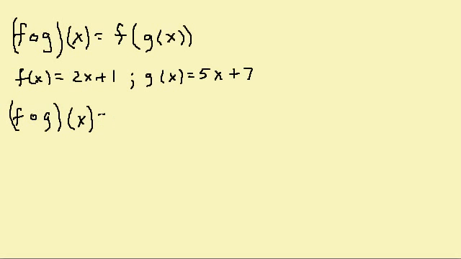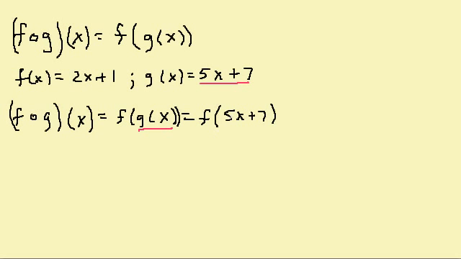So that is equal to f of g of x, which is equal to f of, now the g of x, in the place of g of x, it's 5x plus 7. So f of g of x is equal to f of 5x plus 7.